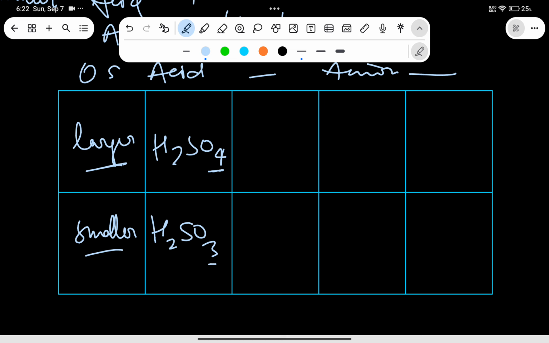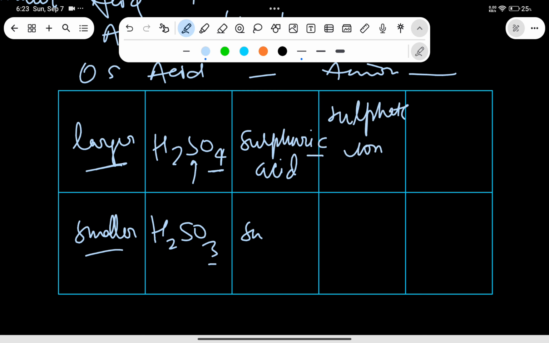Now, what will be the name of this acid? Because it has the larger oxidation state, the name of the acid would end with ic. The starting of the name will be the name of the element, so it will be sulfuric acid. Tell me the anion: because it ends with ic, it will be sulfate ion, and the formula will be SO4 2 minus.